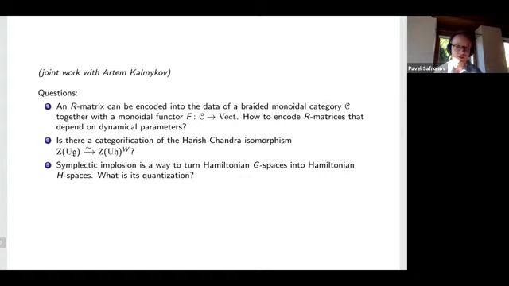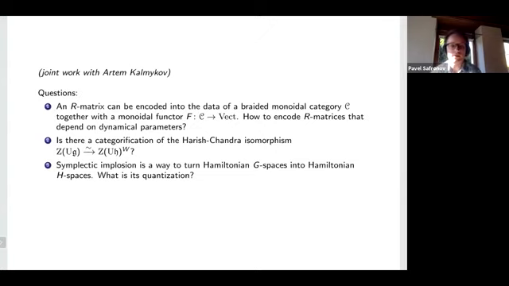And there's a famous Harish-Chandra isomorphism between the center of the universal enveloping algebra of g and the W-invariants, the Weyl group invariants, of Sym h. Is there something categorical that happens that implies this Harish-Chandra isomorphism? Okay, I will be a little bit vague about what I mean by categorification. You'll see in a few slides a more precise statement.